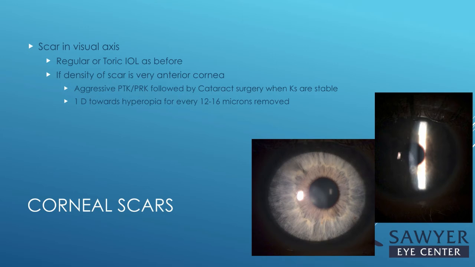Now, one thing you can do if the scar is in the very anterior cornea is aggressive PTK or PRK followed by cataract surgery once the cornea is stable. A rule of thumb to remember is that for every 12 to 16 microns of tissue that you remove, you're going to make them 1 diopter hyperopic.